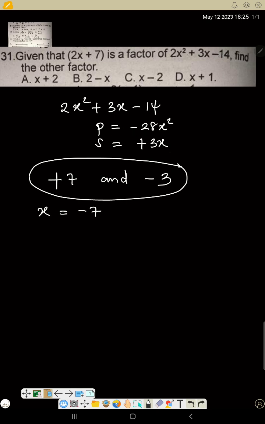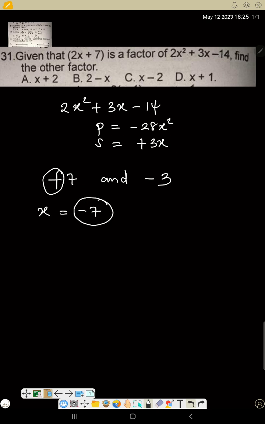So that means reverse the sign of the two numbers. So this will be minus 7, or x is equal to plus 3, as in reverse the sign. So the coefficient of our question is 2. Since the coefficient is 2, we are dividing the two results by 2.